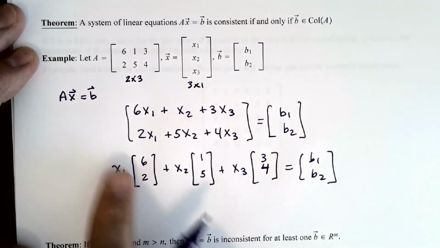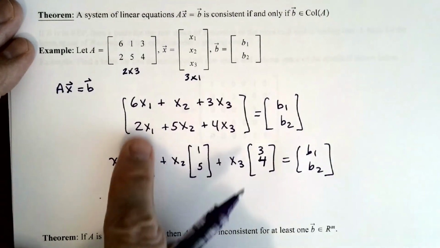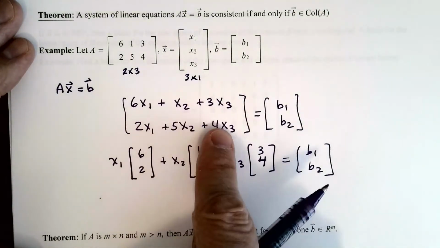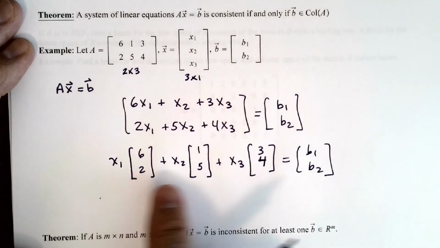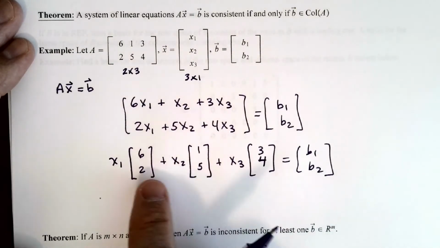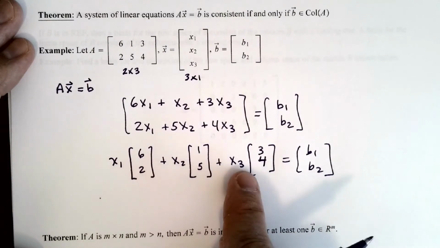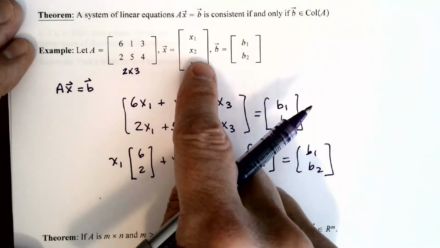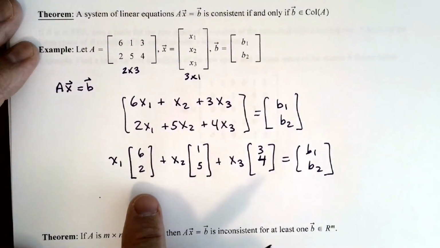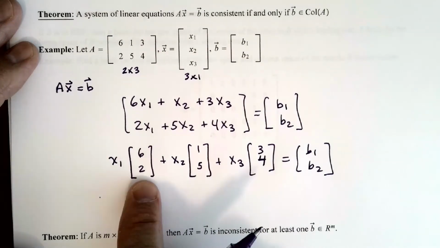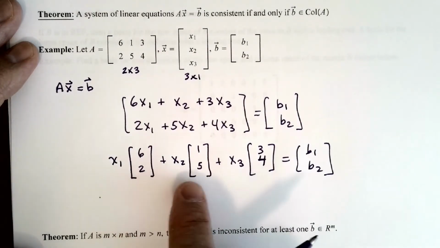So this is the same information, but now the matrix product Ax is written as a linear combination. The coefficients are x1, x2, and x3, which are the unknowns from our variable matrix x.